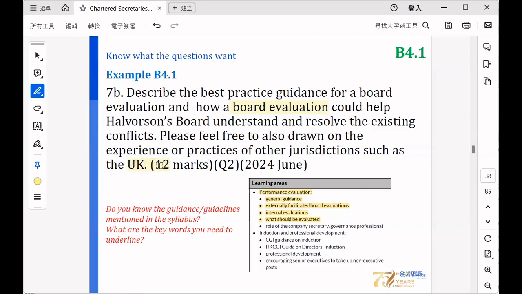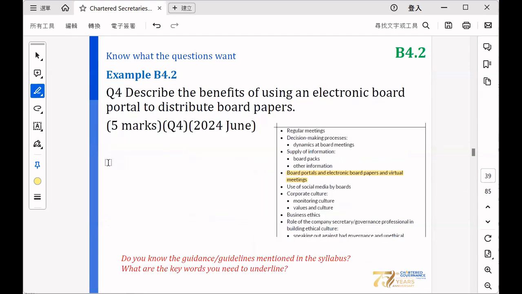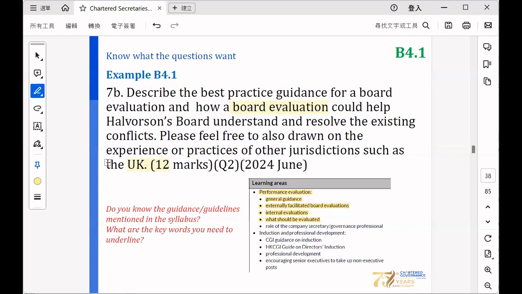For this type of question, it's better if you could understand the FRC guideline on board evaluations. In this connection, I also remind you that there has been a new HKCGI guide on board evaluations, the April 2024 version.